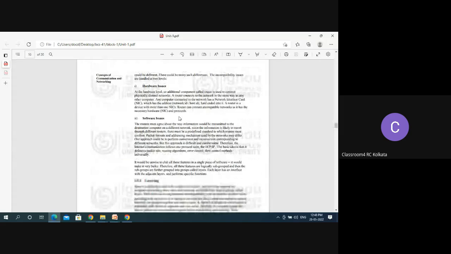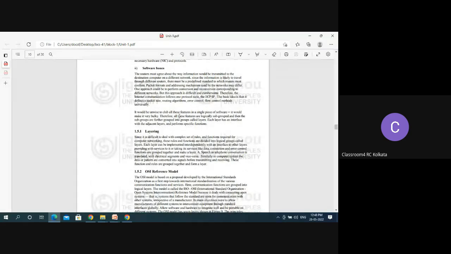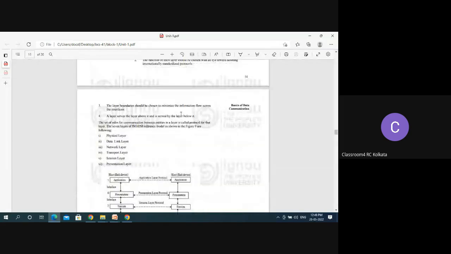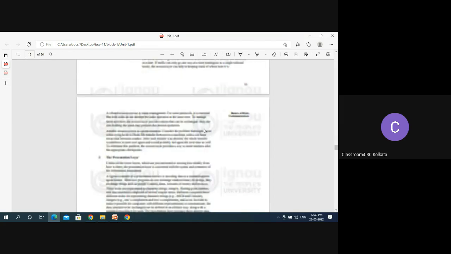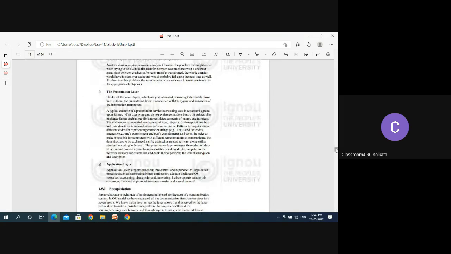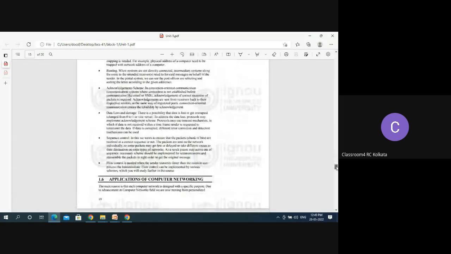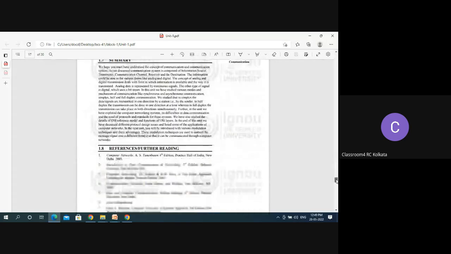Network protocol standard, you will read it from your block 2 or block 3. Here just discuss briefly. And another is synchronous and asynchronous. From this chapter, only these are sufficient for your examination.